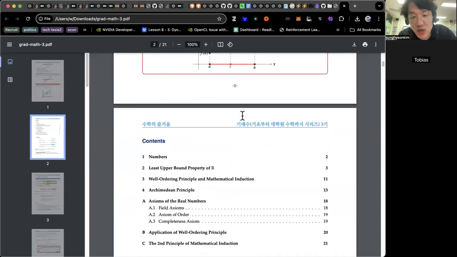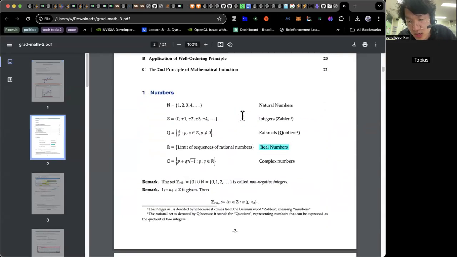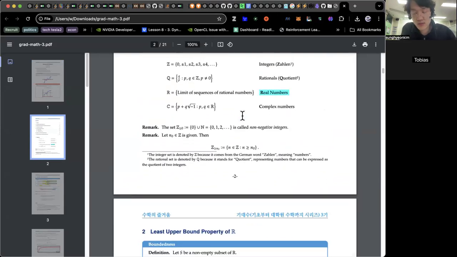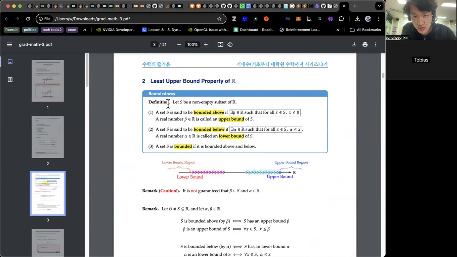This is a very interesting thing we can suggest. We can intuitively know it by the intermediate value theorem. So let's go.